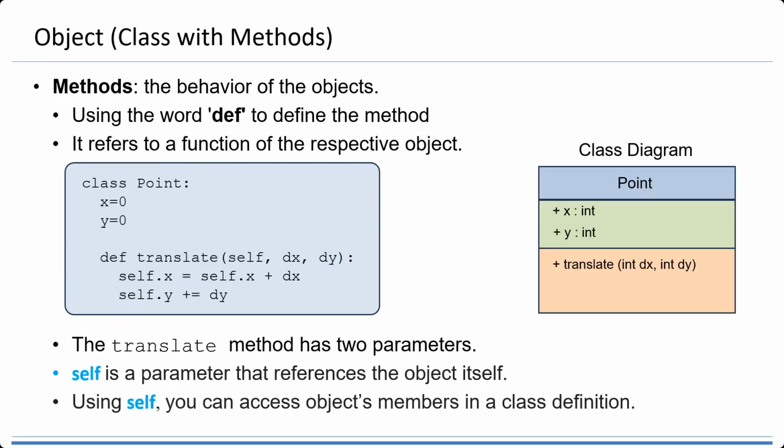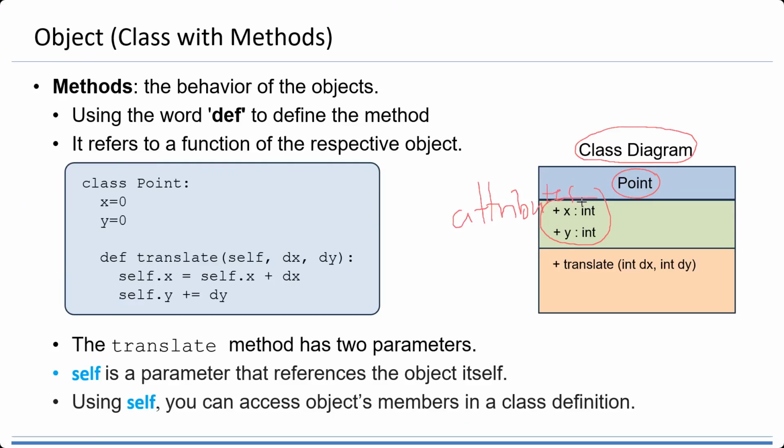When we deal with this kind of class, we can use methods. You can see from this class diagram, we have the class name, which is Point. We have the attributes, which are x and y.